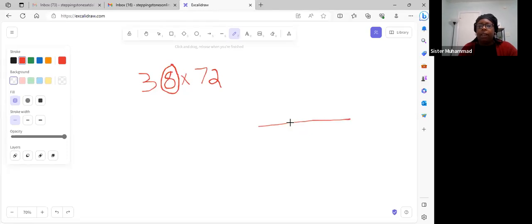In this number line, we have 0, we have 5 in the center, and then we have 10. Anything in the ones place that has the number 5 or higher, we're going to move to the next tens.